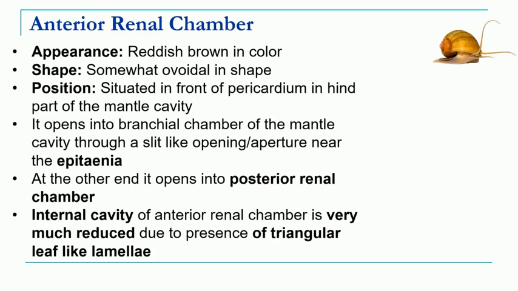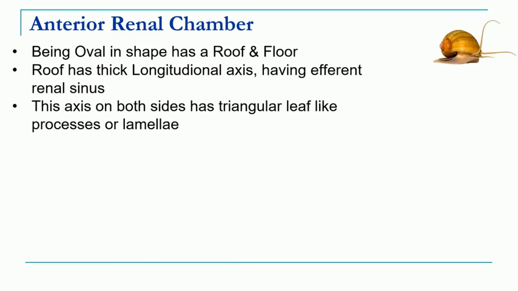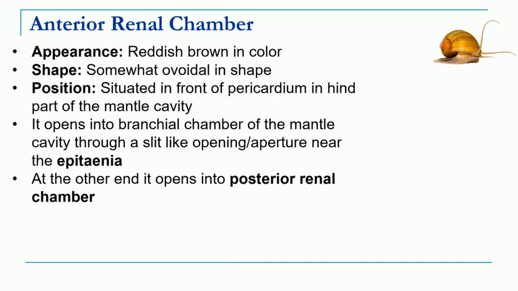So in the picture we can see this, and on the other end the anterior renal chamber opens into the other sac-like structure or the remaining half of the excretory system, that is the posterior renal chamber. So these two chambers, the anterior renal chamber and the posterior renal chamber, are connected with each other through an opening.